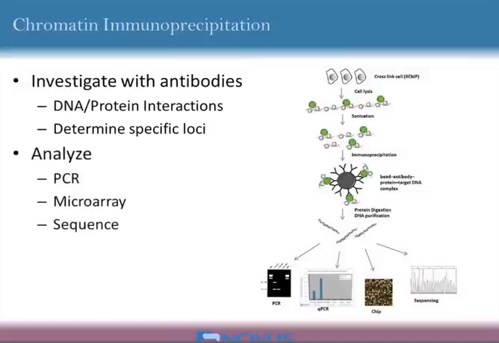So in the end, we can analyze and measure this by PCR, quantitative real-time PCR, doing a ChIP-on-chip, which is doing a ChIP followed up by a microarray, or doing a ChIP-seq, where we're doing a ChIP followed up by actually sequencing the product.